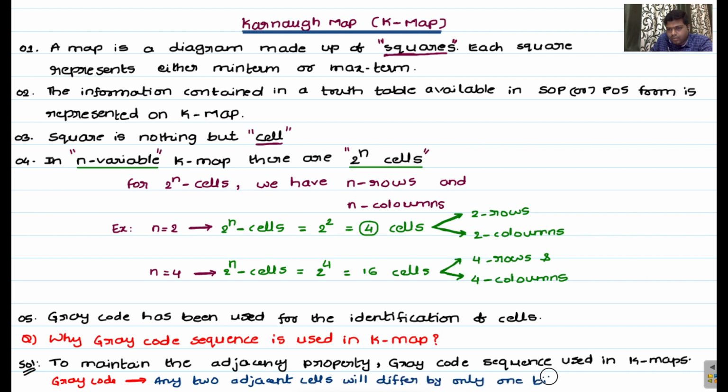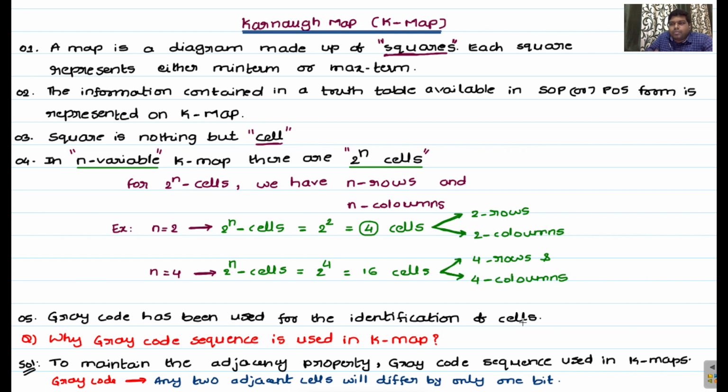Only 1 bit. We already discussed this in a previous session. From one number to another number we get only 1 bit position different. So that is called the gray code sequence. If we are moving from one cell to another cell, we differ in only 1 bit position.